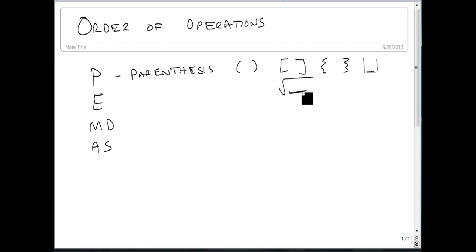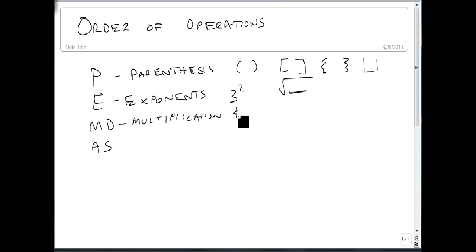After parentheses, we work on exponents. Exponents are powers, so we should do a 3 squared before we do any multiplication, division, addition, or subtraction. For our next level, we look at multiplication and division, and these happen from left to right.